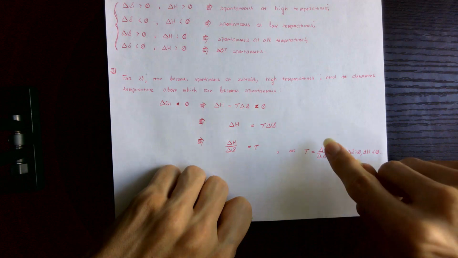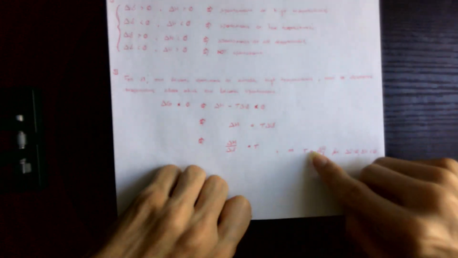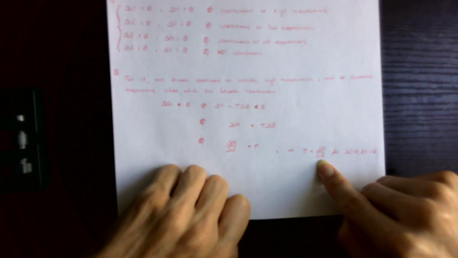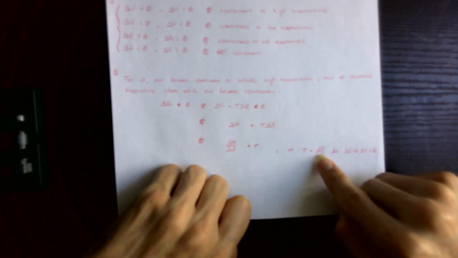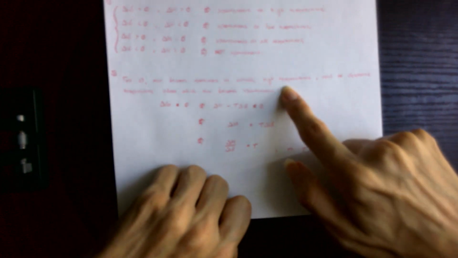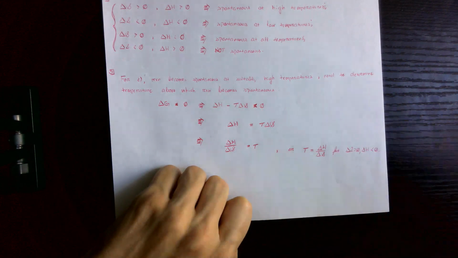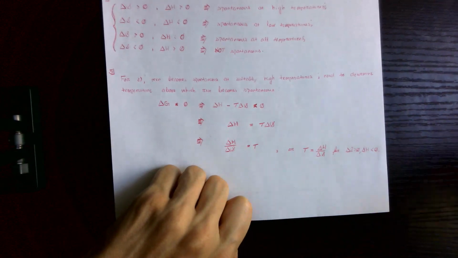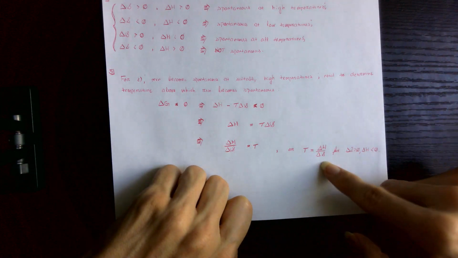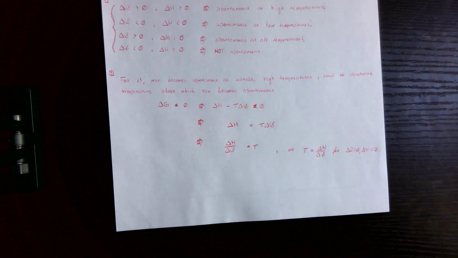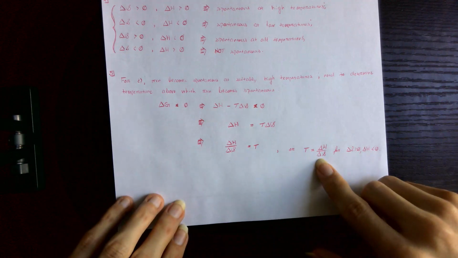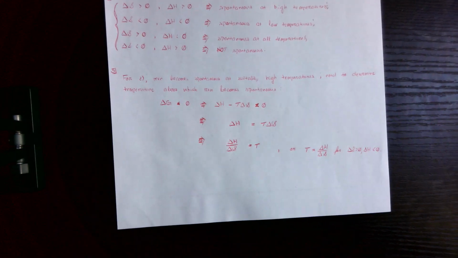That means that temperatures above it should yield a spontaneous reaction, because again, it's suitably high temperatures. We're basically determining the zero point. Anything above that is going to be spontaneous. So that's how you determine that temperature. Above T here, you should get a spontaneous reaction.